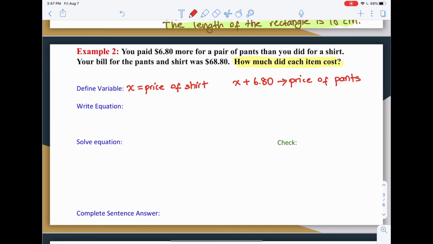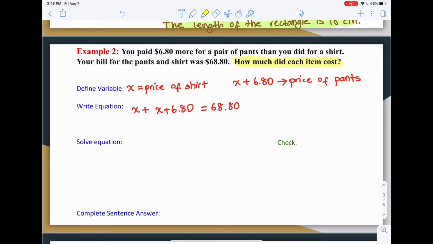Okay, now the next information I have here, your bill for the pants and shirt was $68.80. Then we are going to write our equation, x for the shirt plus x plus 6.80 for the pants. Then our total is 68.80.